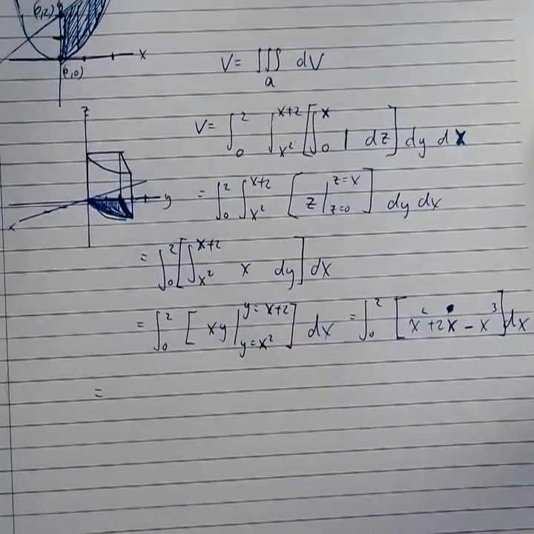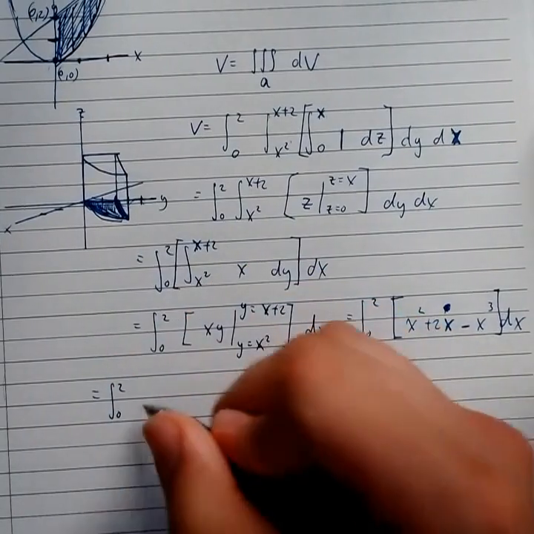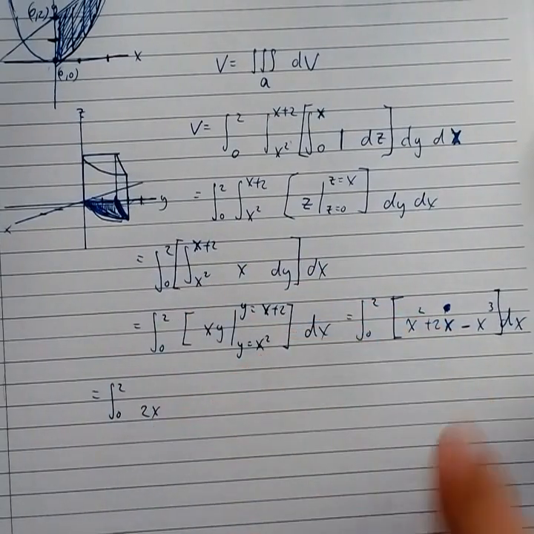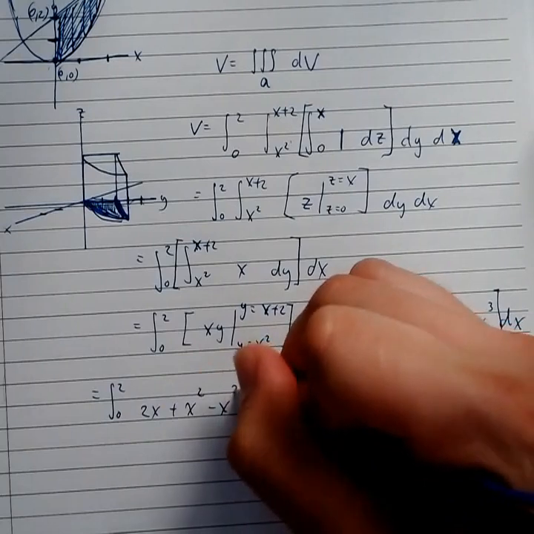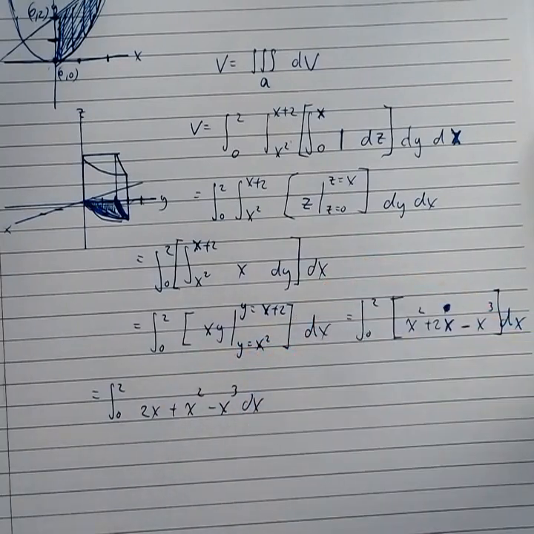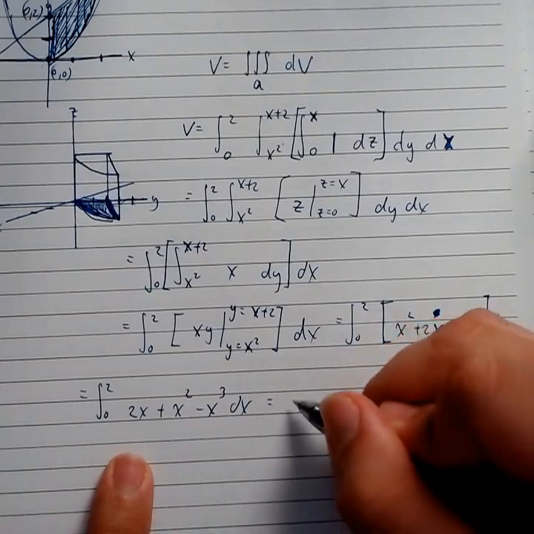Here, let me write this on a fresh line. That's going to be the integral from 0 to 2 of 2x. I'm going to put it in ascending order, just because. Like that. And now I can use the power rule on this, and we're back in Cal 1.